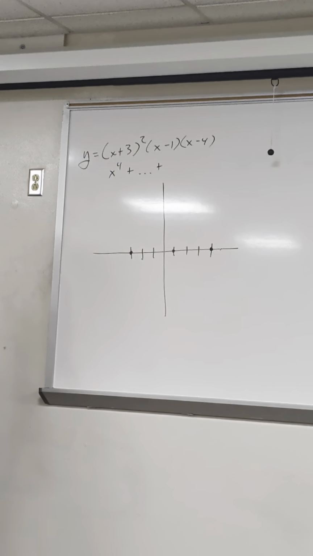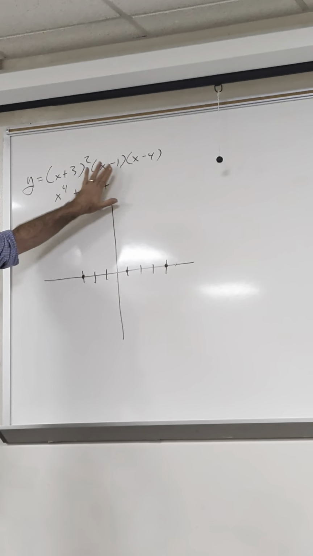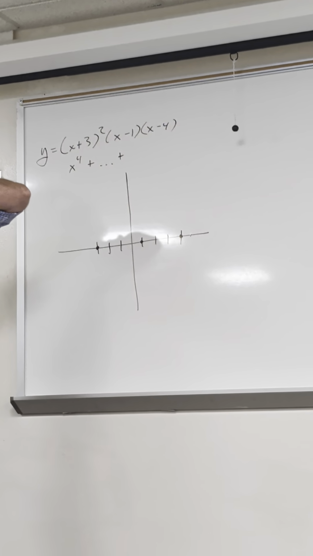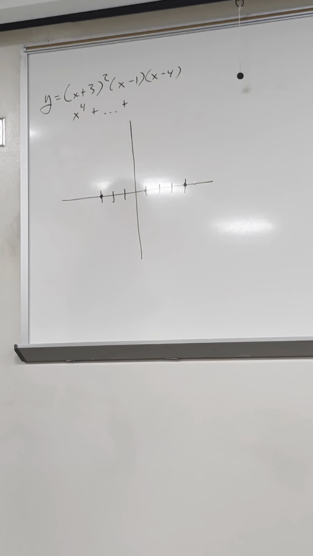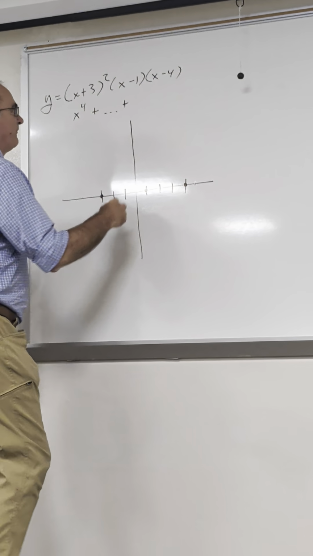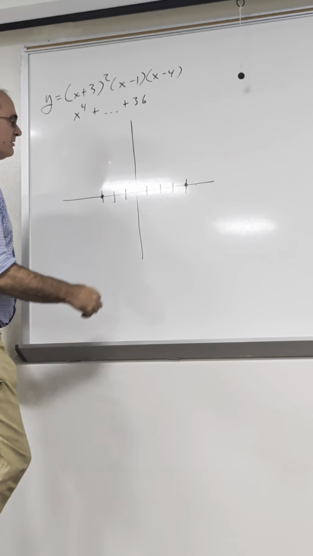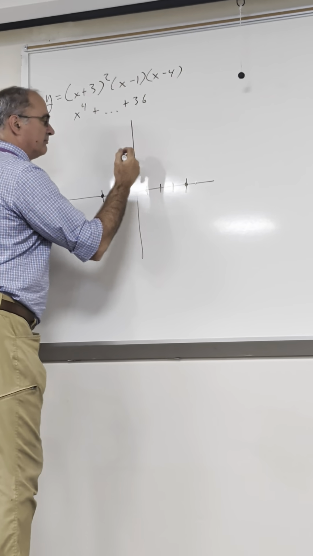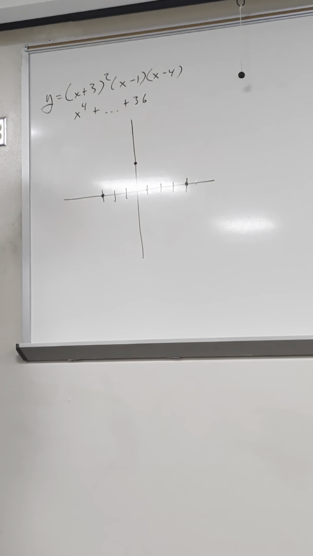Next, I look for magnitudes. I see 3 times 3 times 1 times 4. You have to count the 3 twice because it was squared. 9 times 1 times 4, I am getting 36. So somewhere around here, I'm going to put my y-intercept.